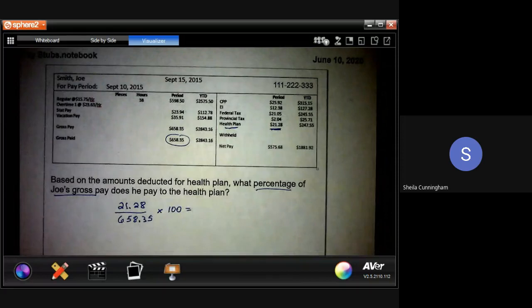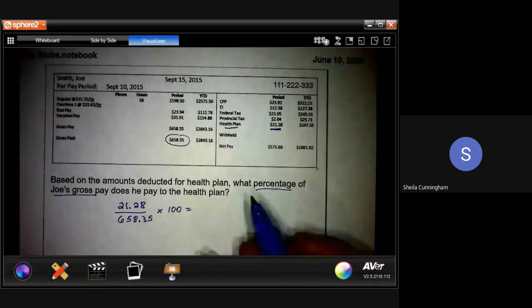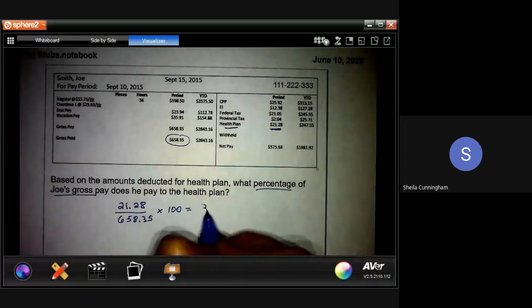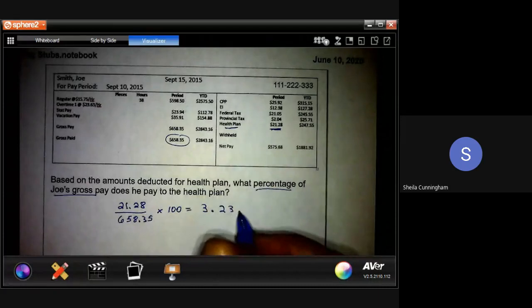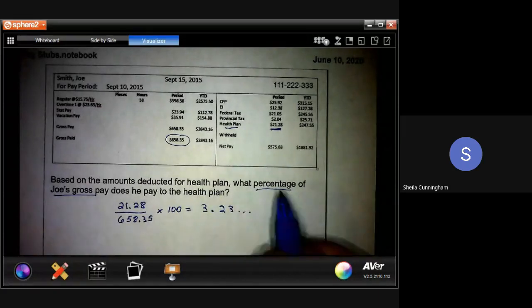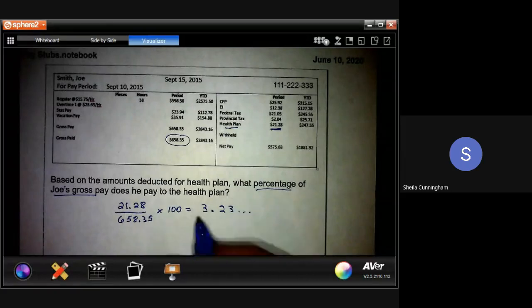If I take 21.28 divided by 658.35 and times by 100, I get 3.23 and so on. When it's asking for percentage, we can say nearest percent, so in this instance let's round it to the nearest whole number. So really Joe is paying 3% of his gross pay towards his health plan.